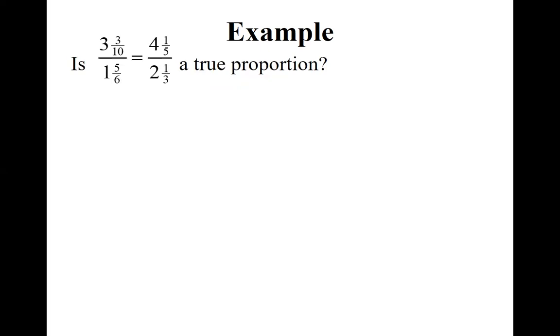We're going to be reviewing how to multiply all sorts of number types in this topic. Here we have mixed numbers as the numbers in the 4 positions of the possible proportion. So when we take cross products, we need to multiply the 2 1/3 times the 3 3/10, and we need to multiply the 1 5/6 times the 4 1/5.